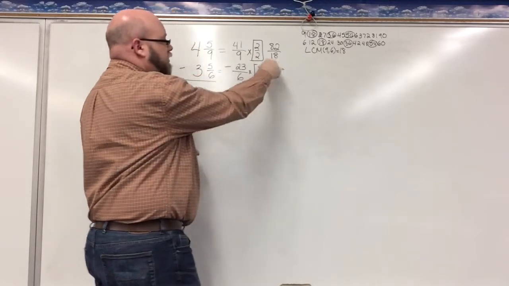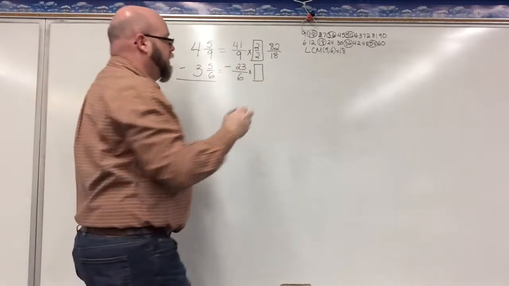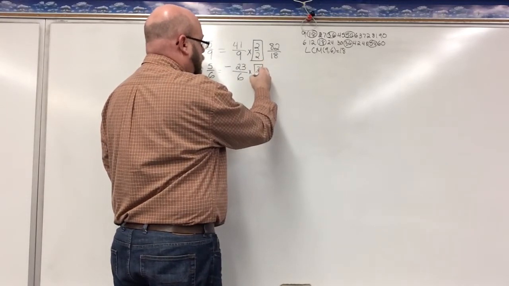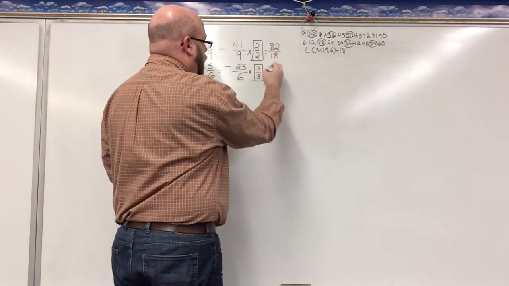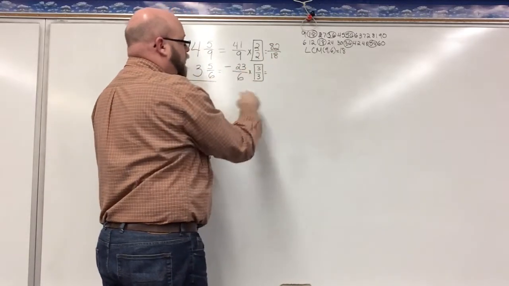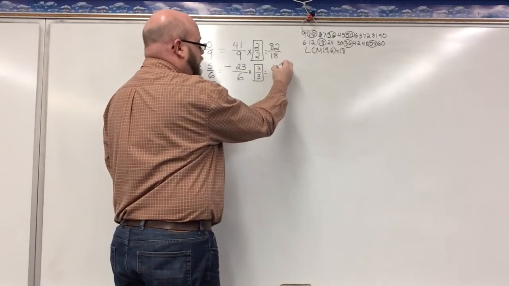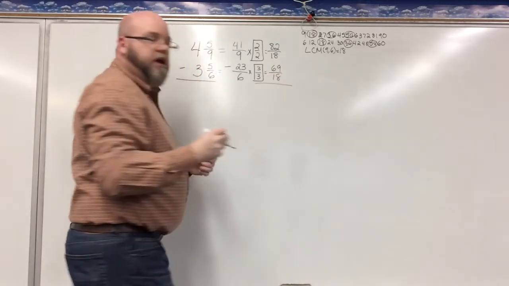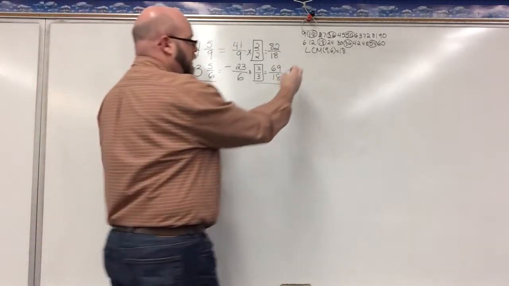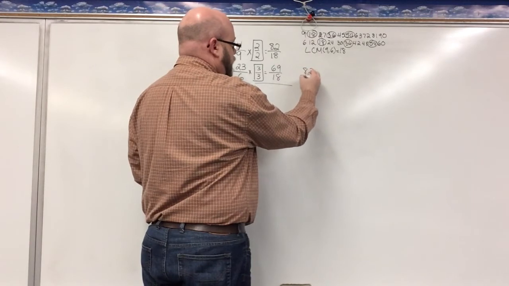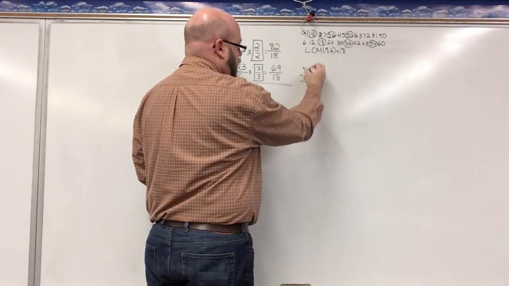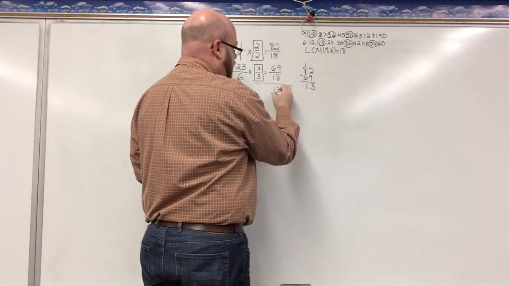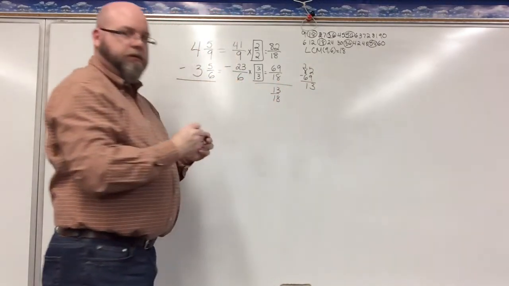So 41/9 gets renamed 82 over 18. 23/6 is going to get renamed 69 over 18. And then I can simply subtract. 82 minus 69, and I get 13/18.